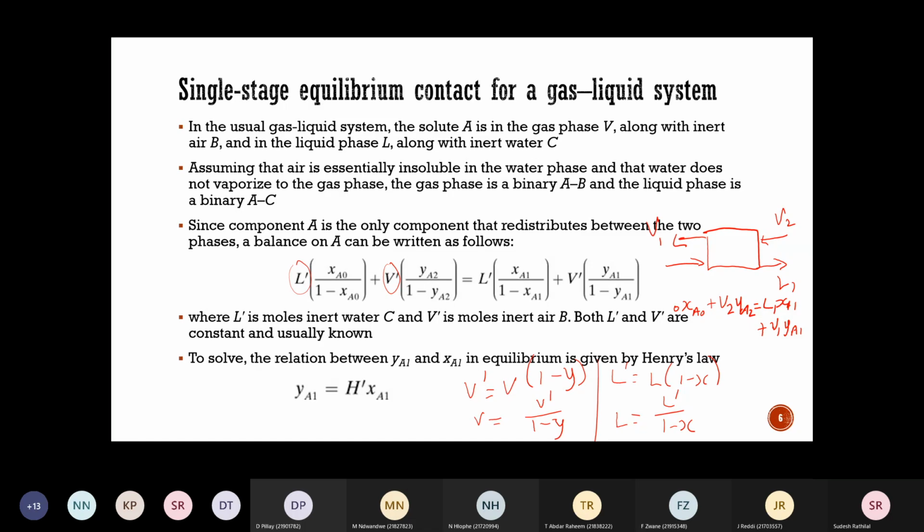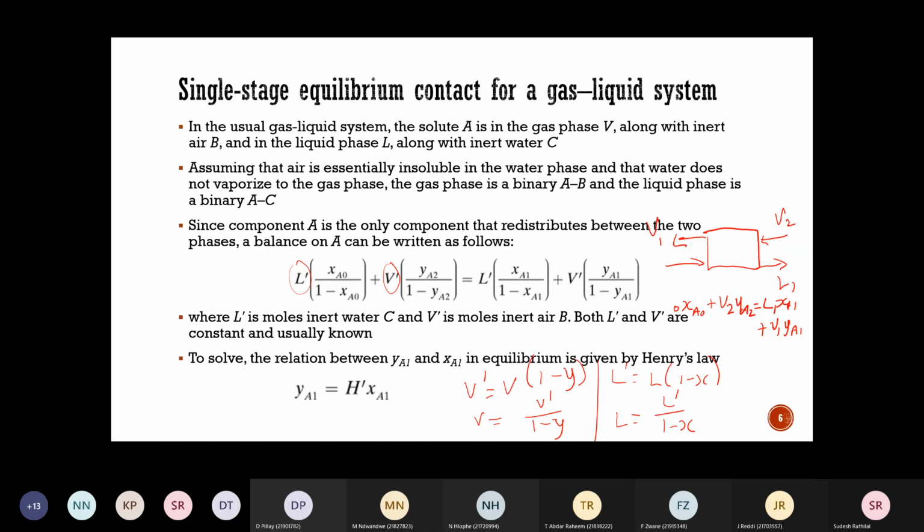So how much water is coming in at the top will be equal to how much water is leaving at the bottom. Similarly, the air carrying the CO2 coming in at the bottom will be exactly the same as the air leaving the top of the column. It is not changing because the air is not moving into the different phases. It's staying in the vapor phase.